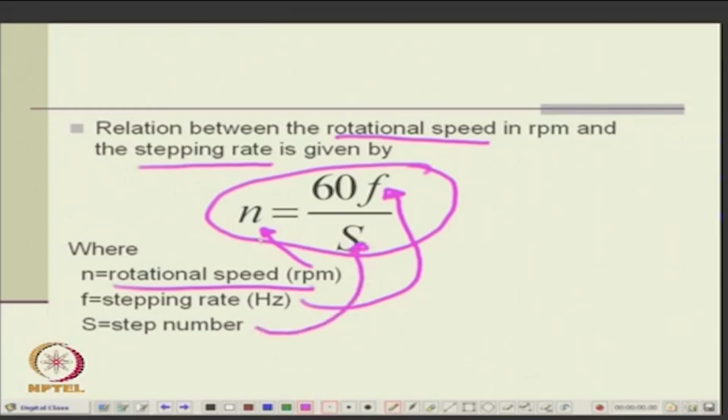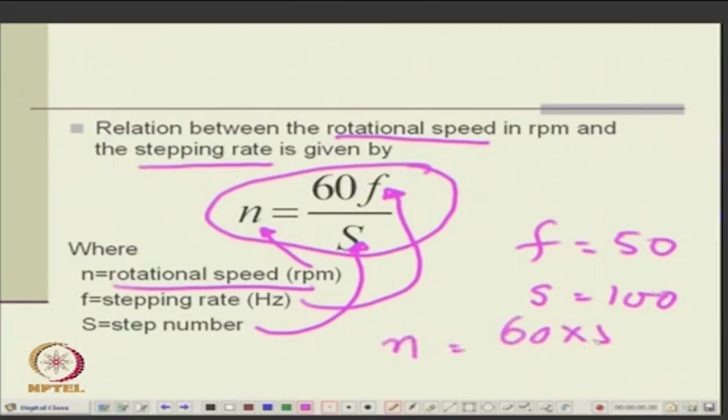So if f is 50 and s is 100, what will be n? The rotation will be 60 into 50 by 100, that will be 30 RPM.